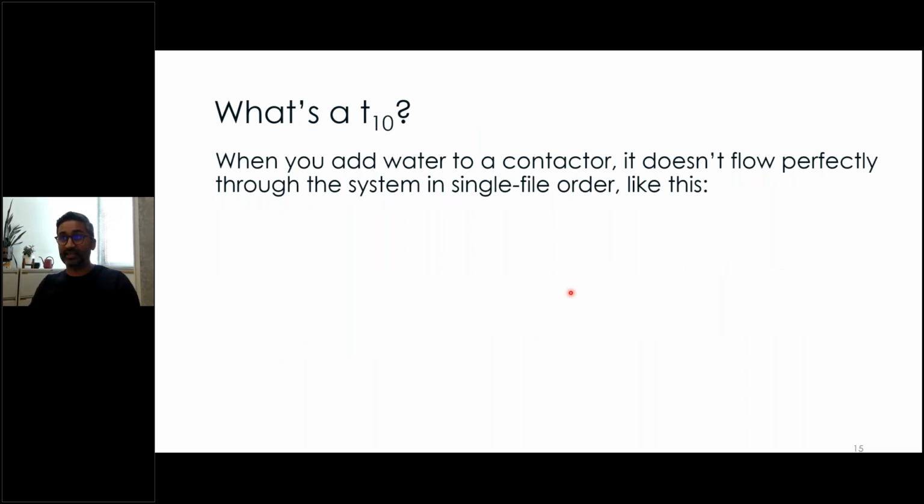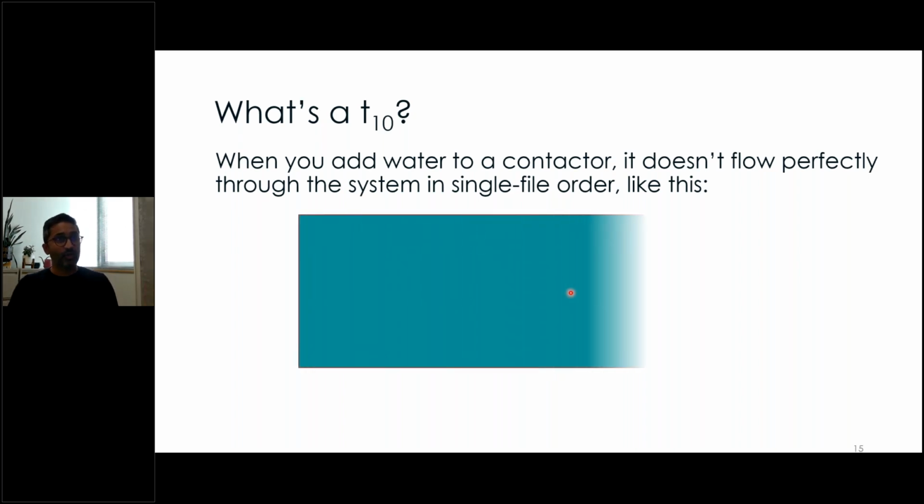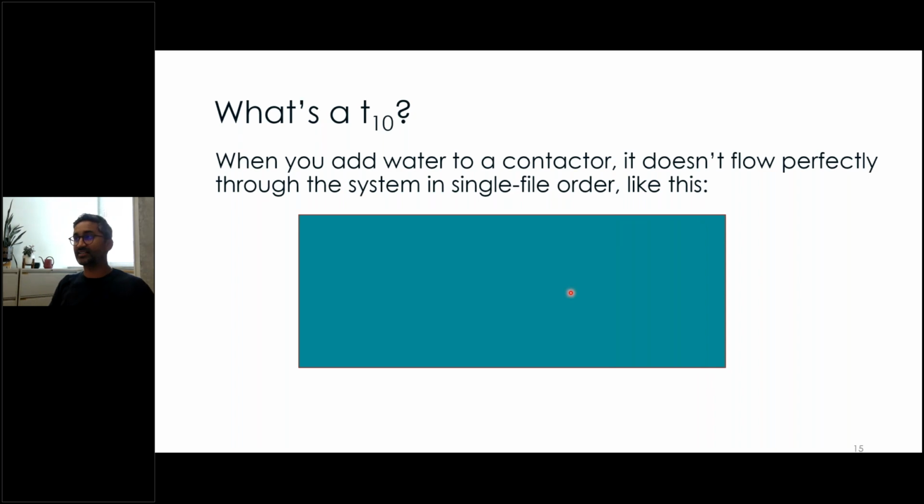Well, before we get into that, just a quick side note that might help clarify. Let's say you're adding water to your contactor, or your contact basin. What is probably not going to happen is that the water flows through that contact tank in single file order like we just saw in that animation, where every droplet of water spends exactly the same amount of time in the basin before it exits.